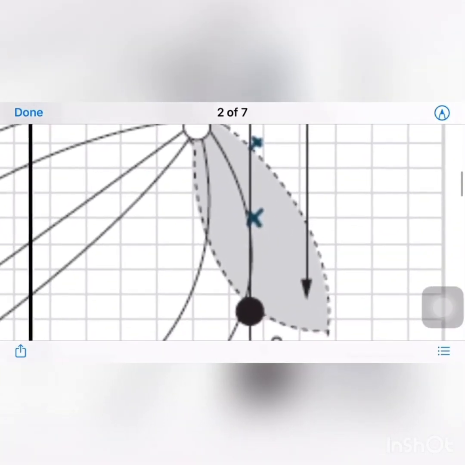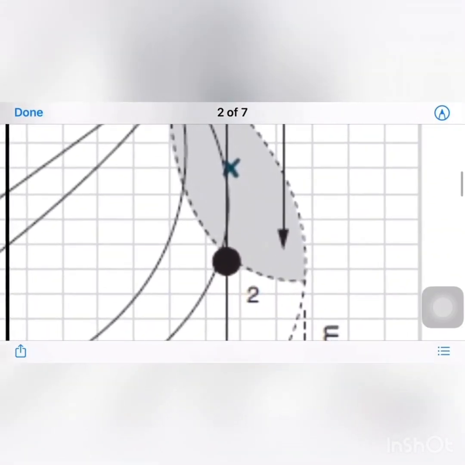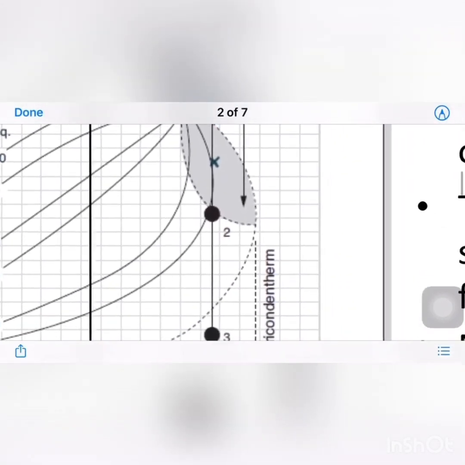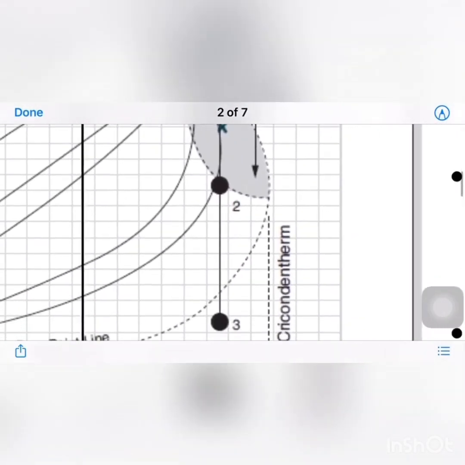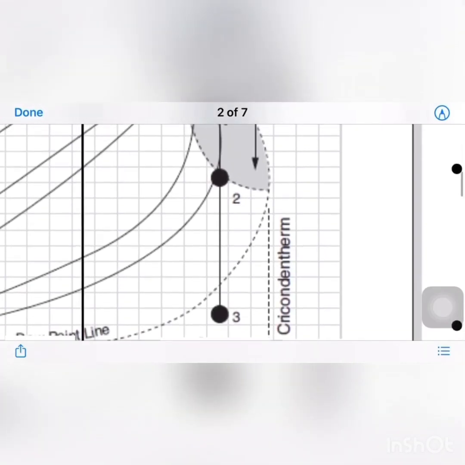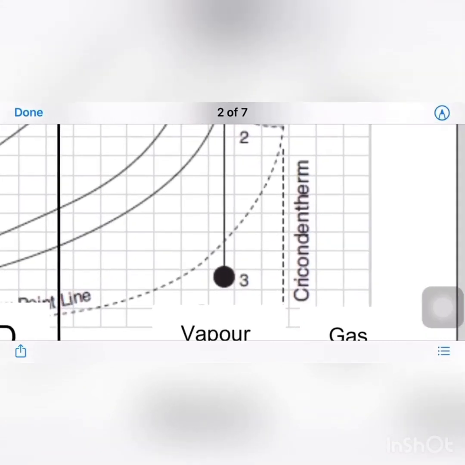After this point, at the bubble point, again we have a decrease in liquid phase, and so we have point 2, and finally again we intercept the dew point, 0% liquid, and at point 3 fully vapor.